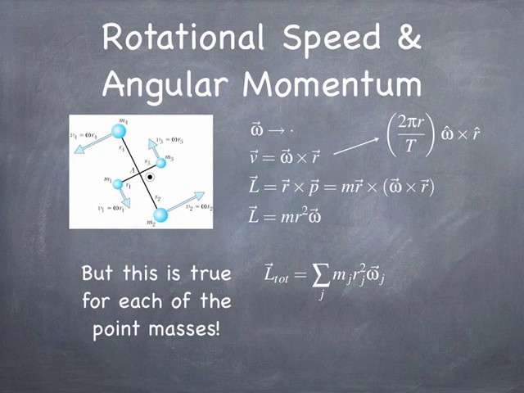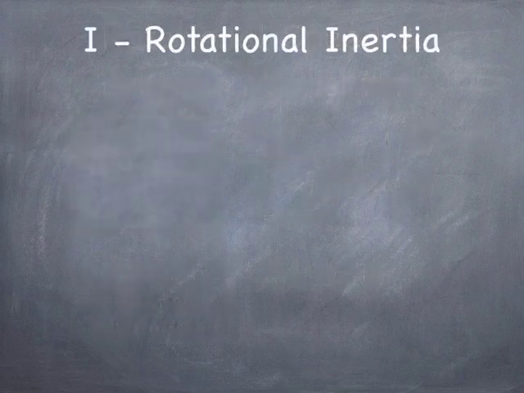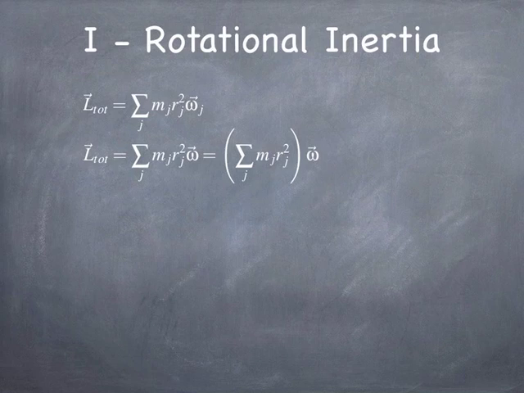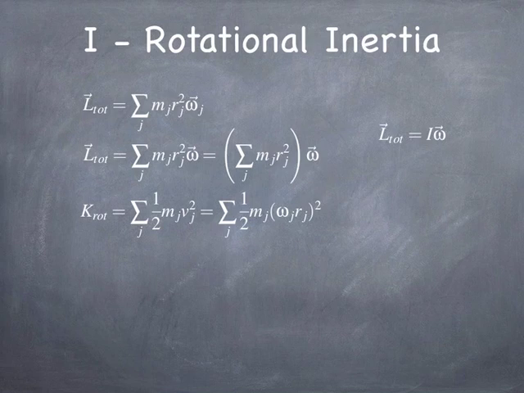And of course, that harkens back to our definition of rotational inertia. And so we define rotational inertia to be the sum of the mr squareds. That's kind of the idea. So the spin angular momentum is the rotational inertia times the angular velocity. The rotational inertia is nothing other than the sum of the mr squareds.